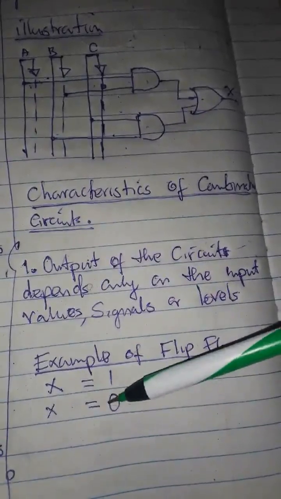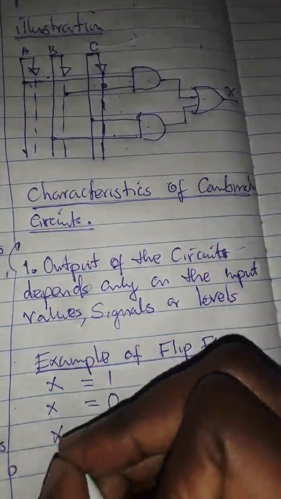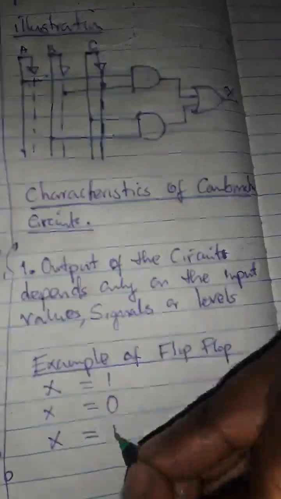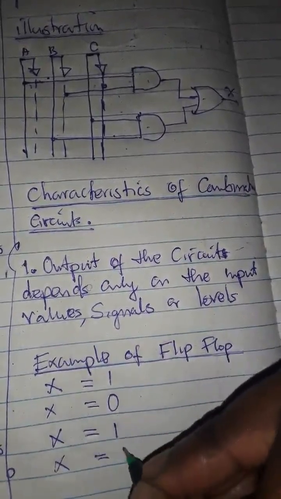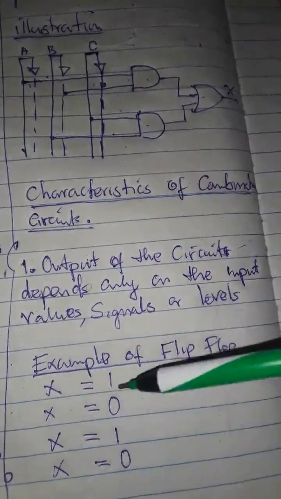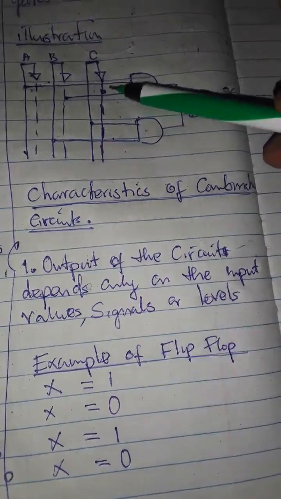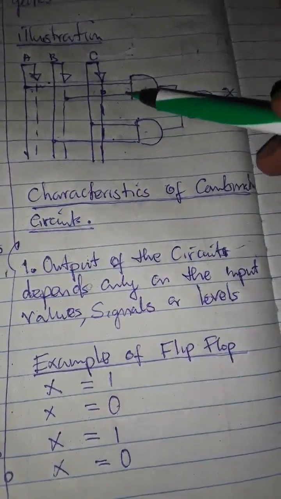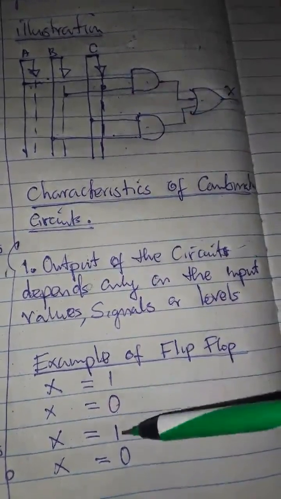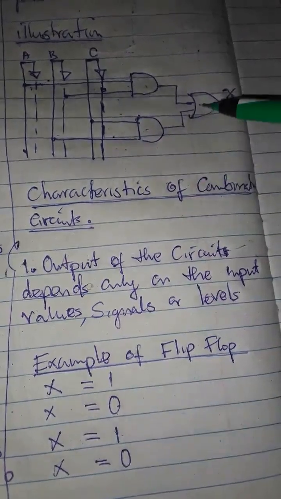Let's say your third result is 1 again, and your fourth result is 0 again. The first result is inserted in the inputs to get the second result, the second is added as an input to get the third, and the third is added as an input to get the fourth.